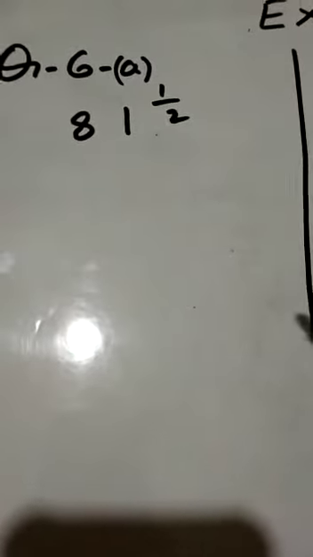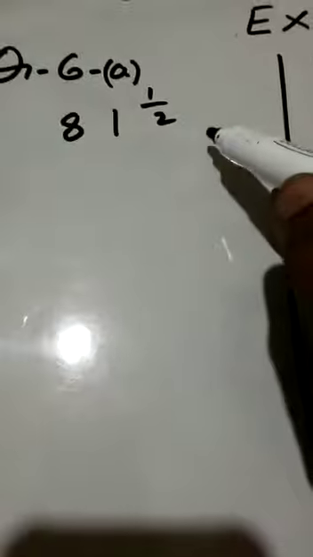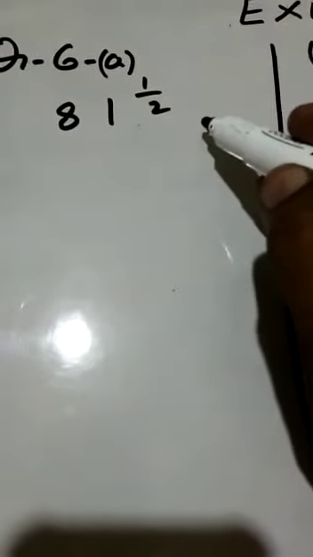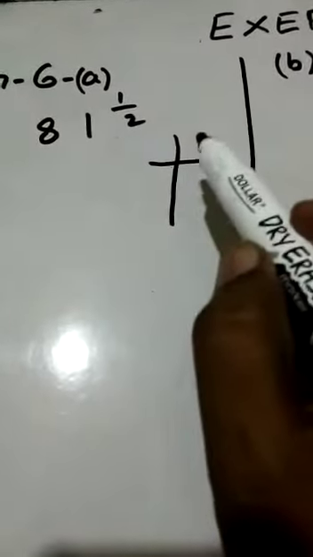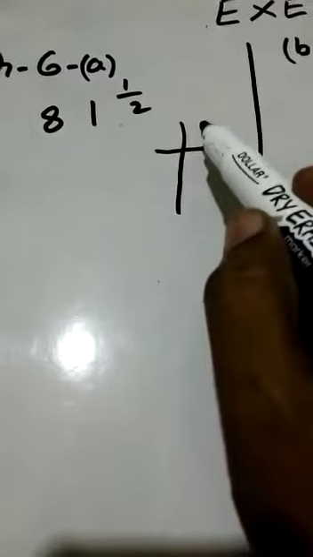Question number 1 is 81 with a power of half. What we will do in this question is that first of all we have to make prime factors. Let's see what the prime factors are here.